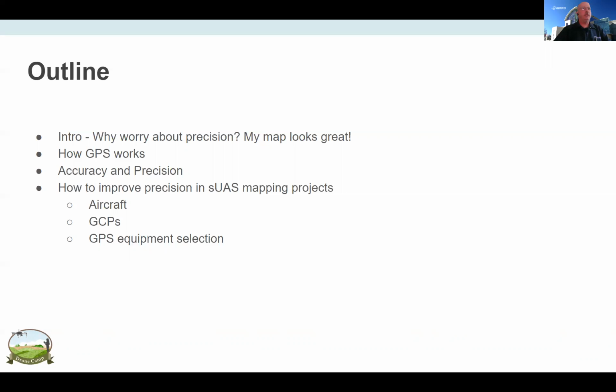Maybe a little bit about the difference between accuracy and precision and how those terms are relevant to our work. And then a little bit of methodology and sort of equipment roundup regarding methods to improve precision in our drone mapping projects.